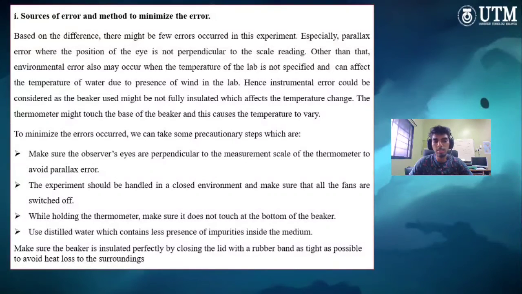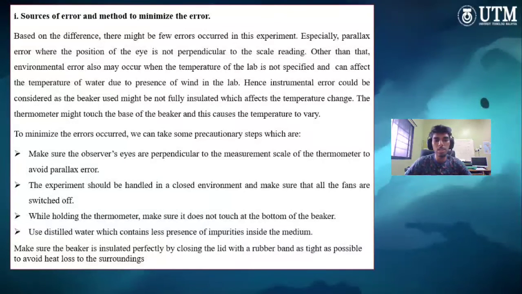So according to these errors, to minimize the errors that occurred, we can take some precautionary steps, which are: make sure the observer's eye is perpendicular to the measurement scale of the thermometer to avoid parallax error. The experiment should be handled in a closed environment space and make sure that all the fans are switched off, to decrease the volume of air.